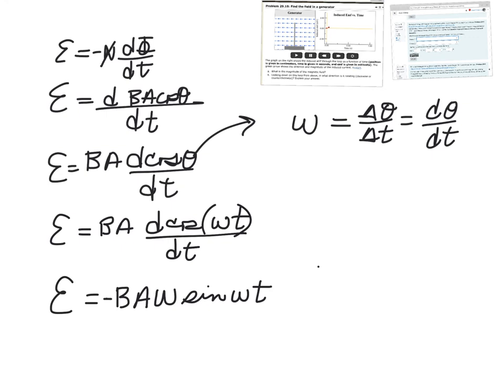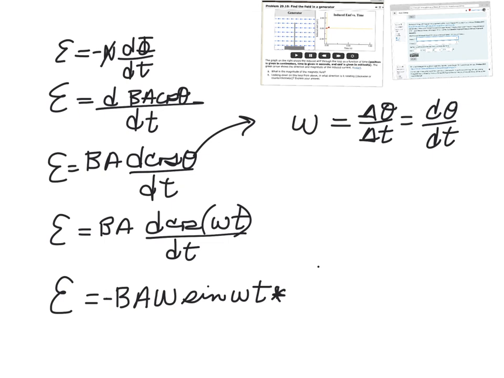And so the field, the EMF and the field are varying together, but what we want is the maximum value. And so this expression gives us what we see in the graph, that the EMF varies according to the sine of omega t.